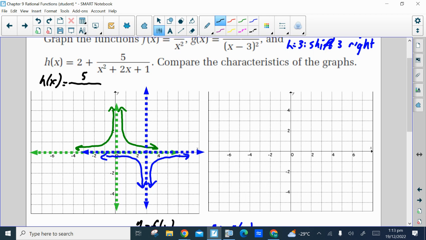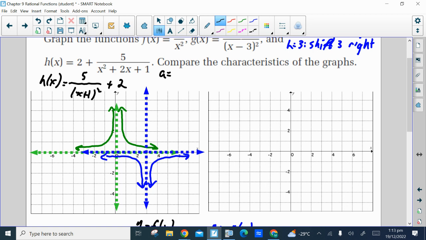It's the same as multiplying 1 over x squared by 5 over 1, an a value of 5. The bottom can be factored to x plus 1 all squared. And then that positive 2, which was at the start, we'd move to the end because that's where we're used to seeing it.